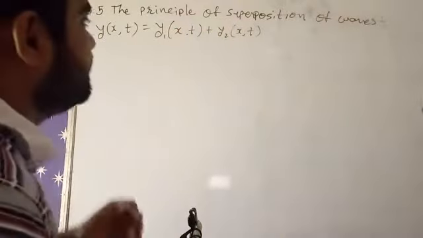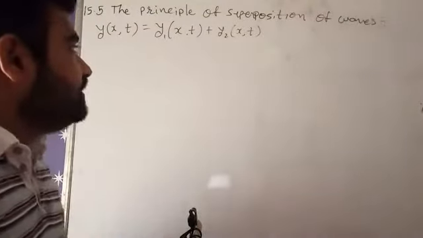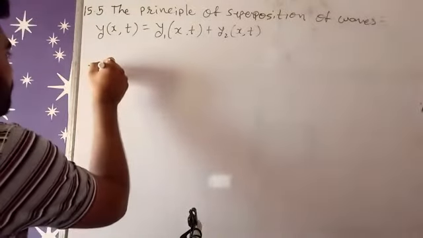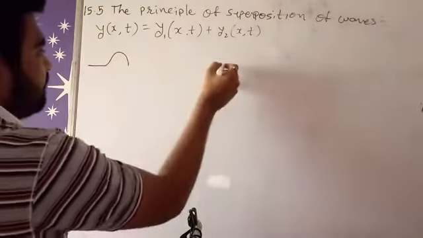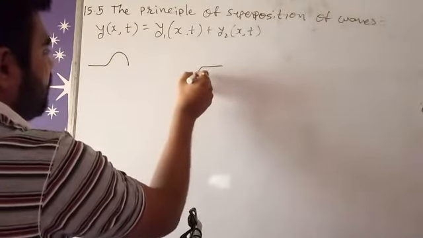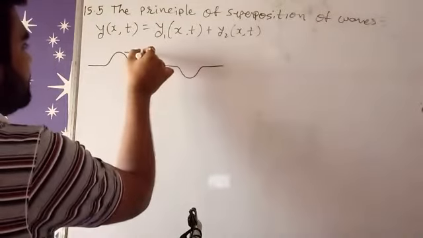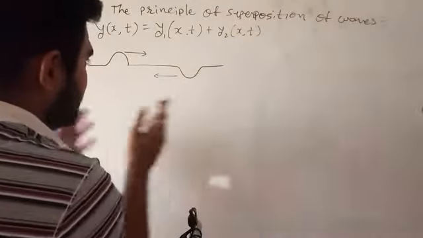So this is like, if we have one string and we disturb that string, the string oscillates in the upward direction. Now from the other side we disturb that string with an opposite wave, so this one is moving in the right hand side direction and this one is moving in the left hand side direction.